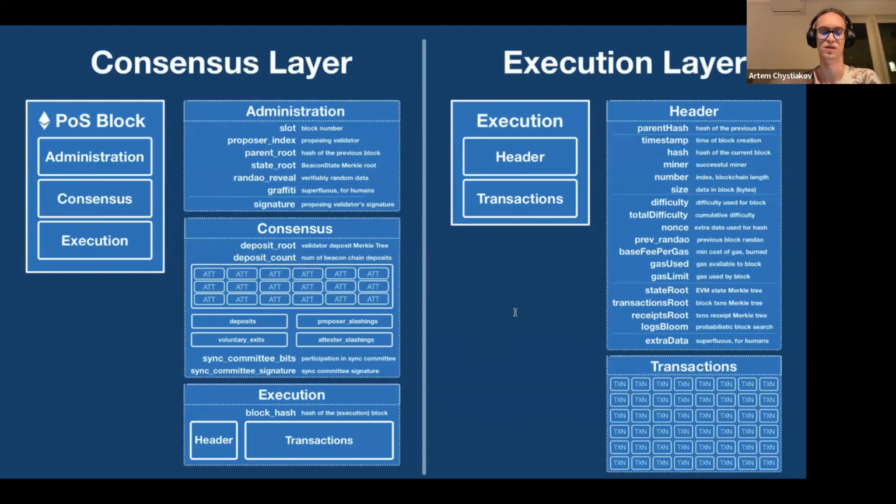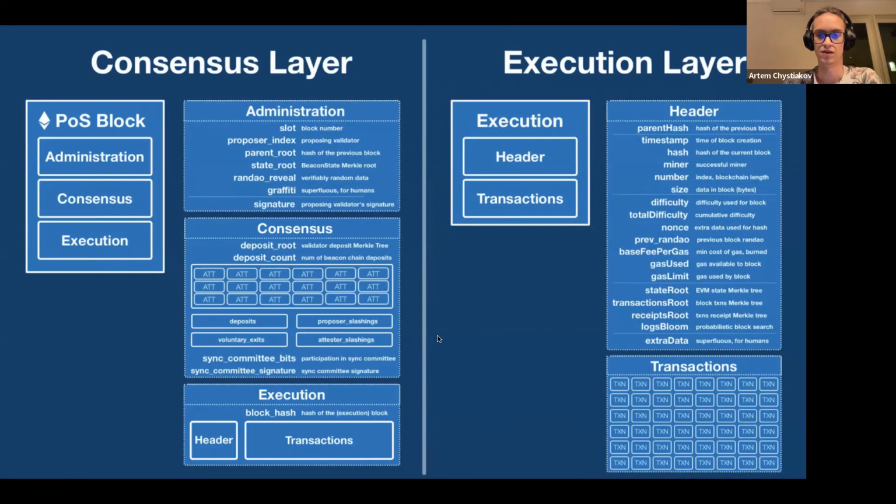If you are broadcasting this transaction, the node will check how much gas it consumes, and if it consumes more than the block allows, the node won't accept this transaction.